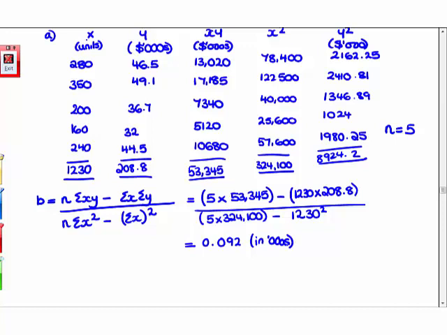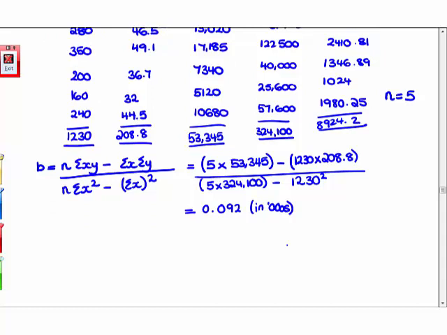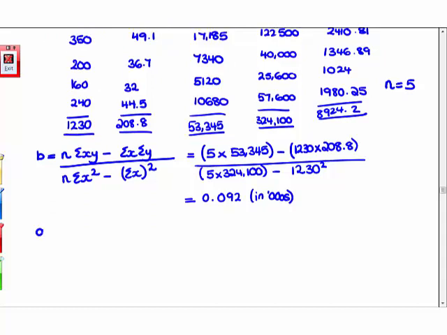So B is the gradient of the line, and what you're going to do now is pop that into the equation for A. So A, remember, is the total of the Y column divided by 5, so the average of the Y values, minus B, so 0.092, multiplied by the average of the X's, so 1,230 divided by 5.